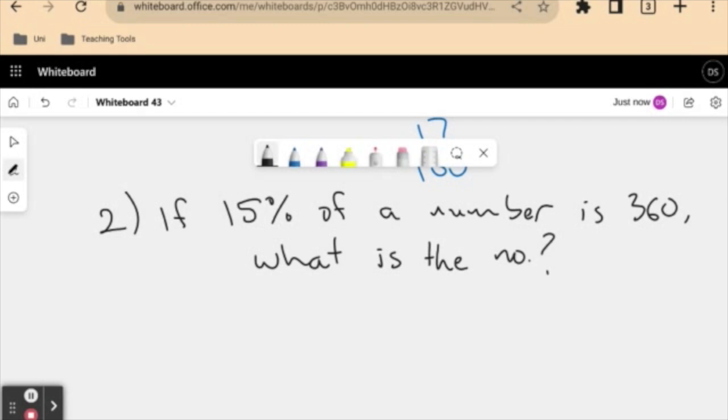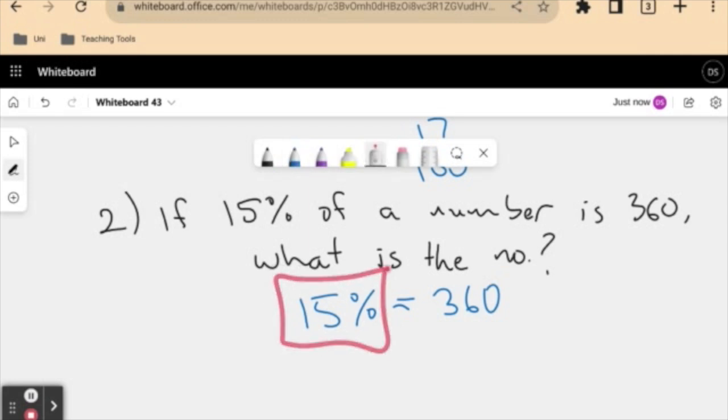Cool. So I'm going to do the exact same thing that I did before. I'm going to say 15% of some quantity is 360. So to find what that quantity is, to find what my whole is, I just need to get this to 100%. Because 100% is the whole.